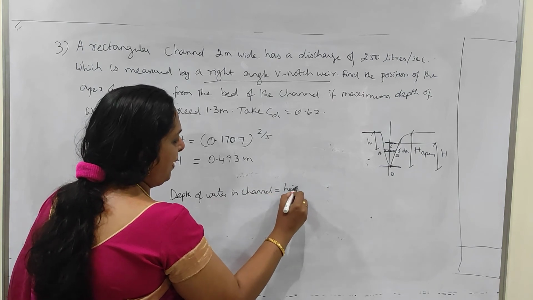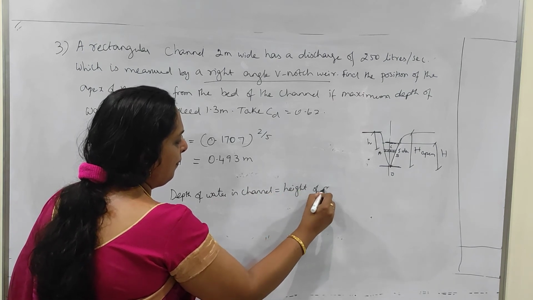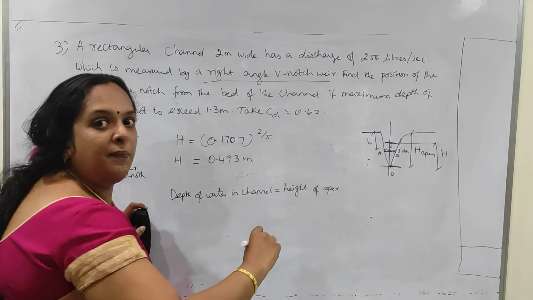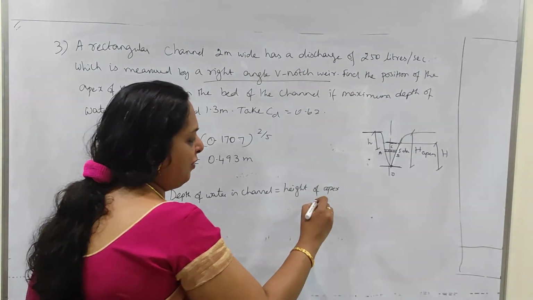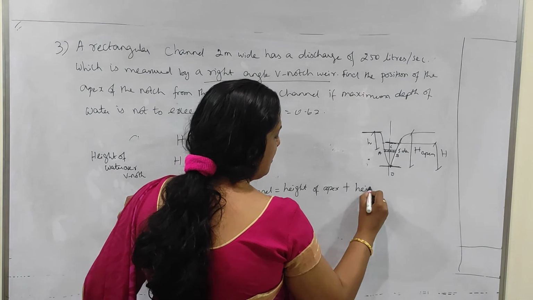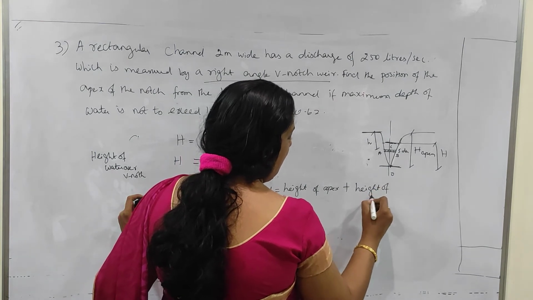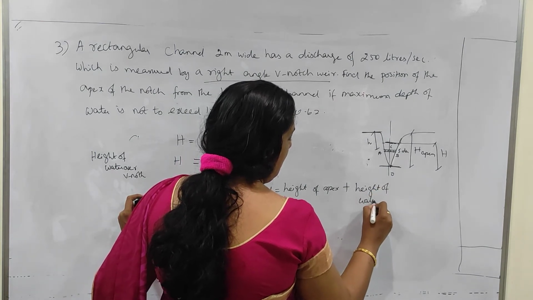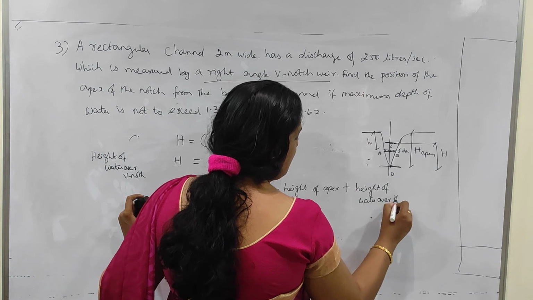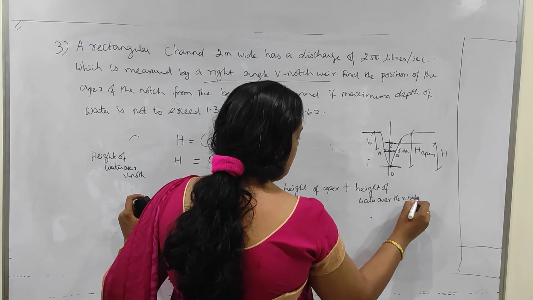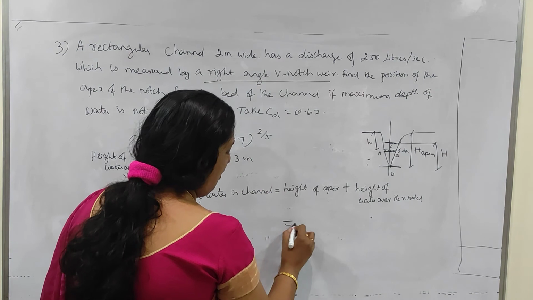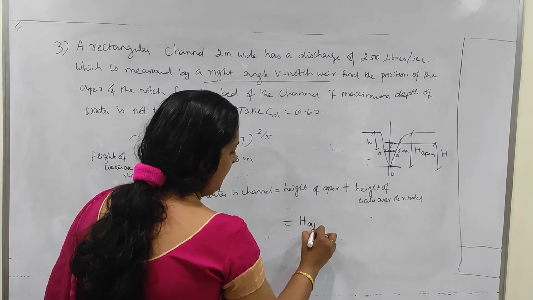So depth of water in channel is the height of my apex, which is my unknown here, plus the height of the water over the V notch. I have given this height of apex as H apex.